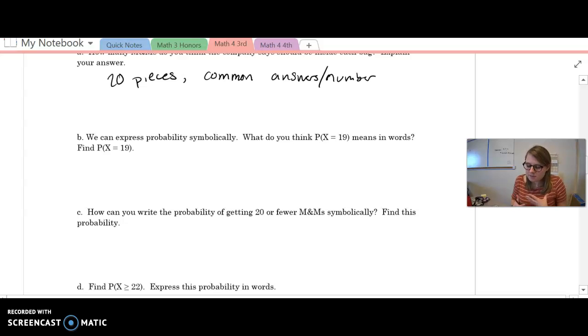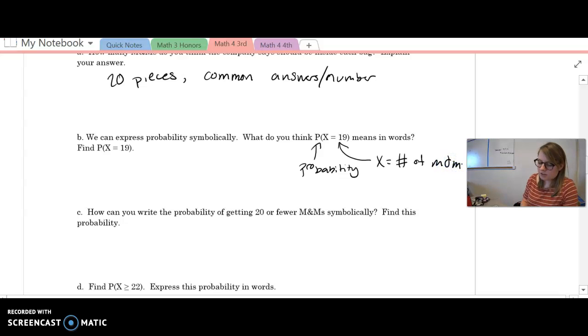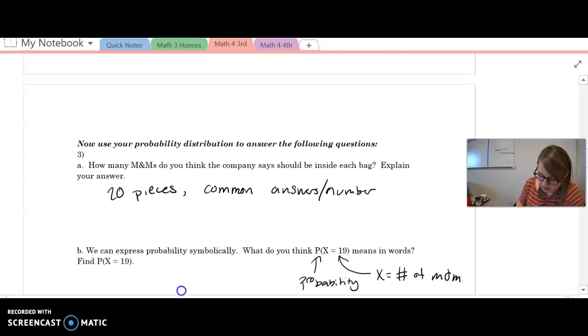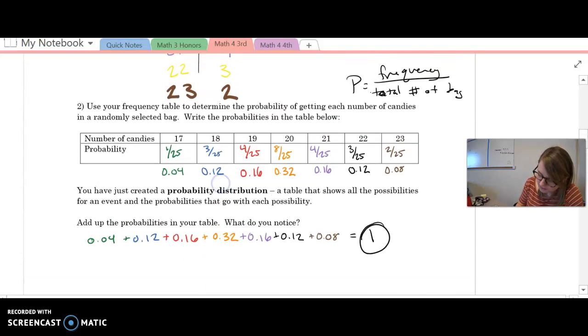Okay? So we can also express probability symbolically. What do you think the probability of x equals 19 means in words? So x equals the number of M&Ms. If it's asking for the probability that we will get 19 M&Ms, well, we already found it.